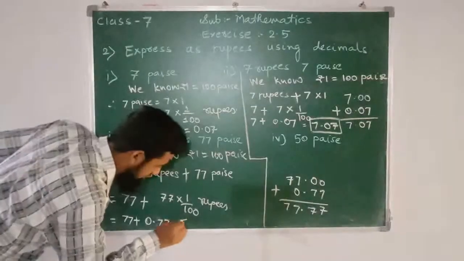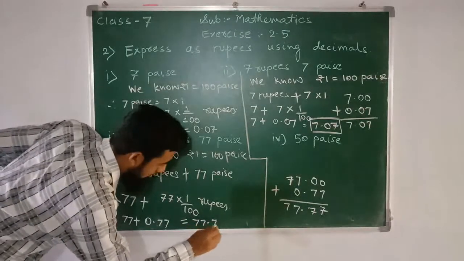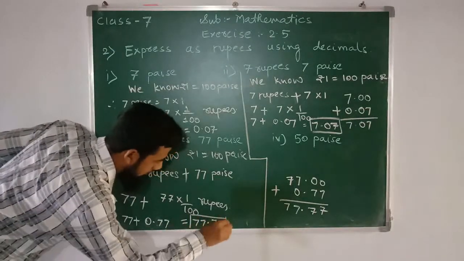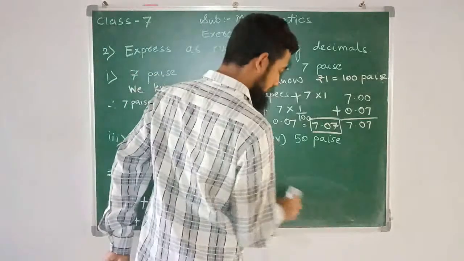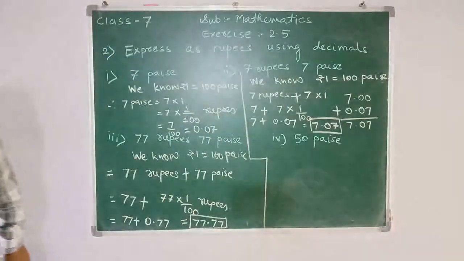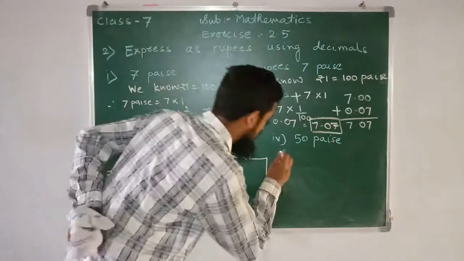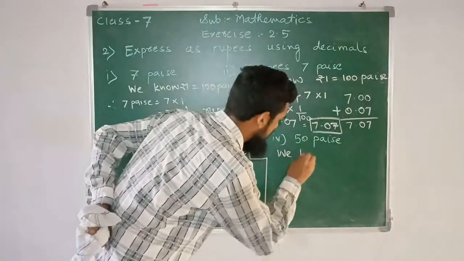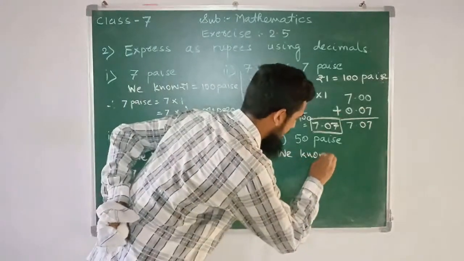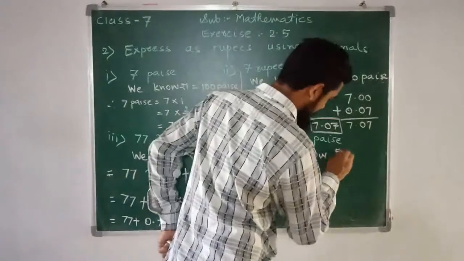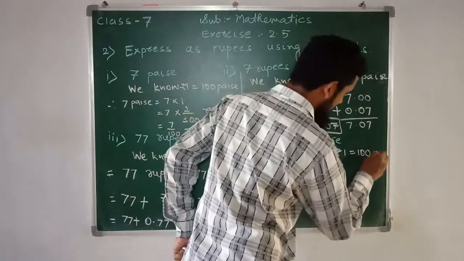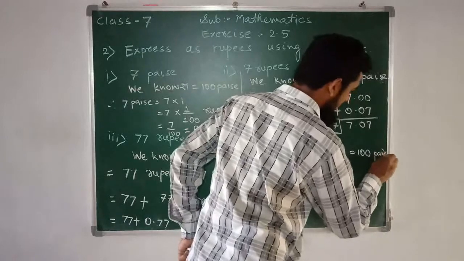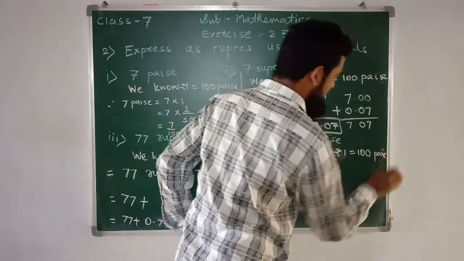So what is answer? So it is your answer beta. Clear? And last question, 50 paisa. We know rupees 1 is equal to 100 paisa.